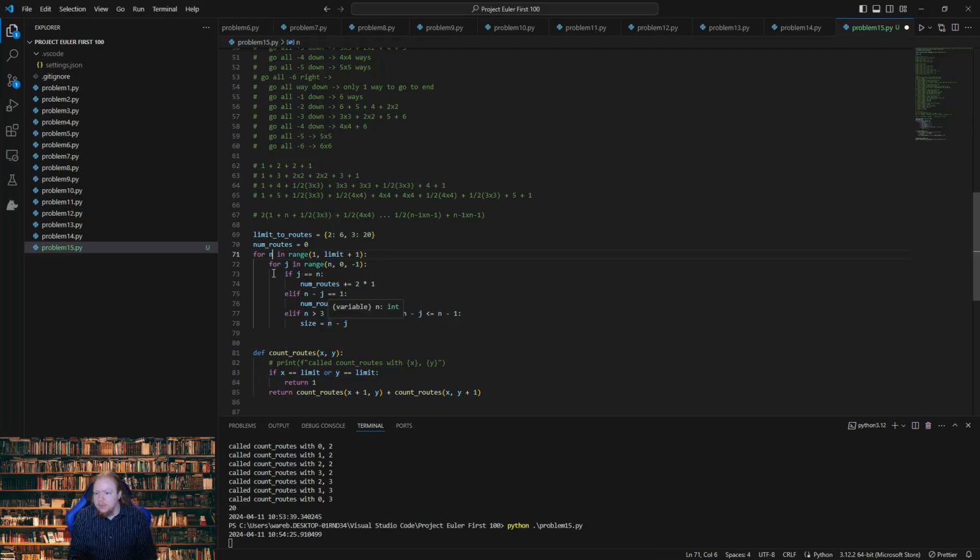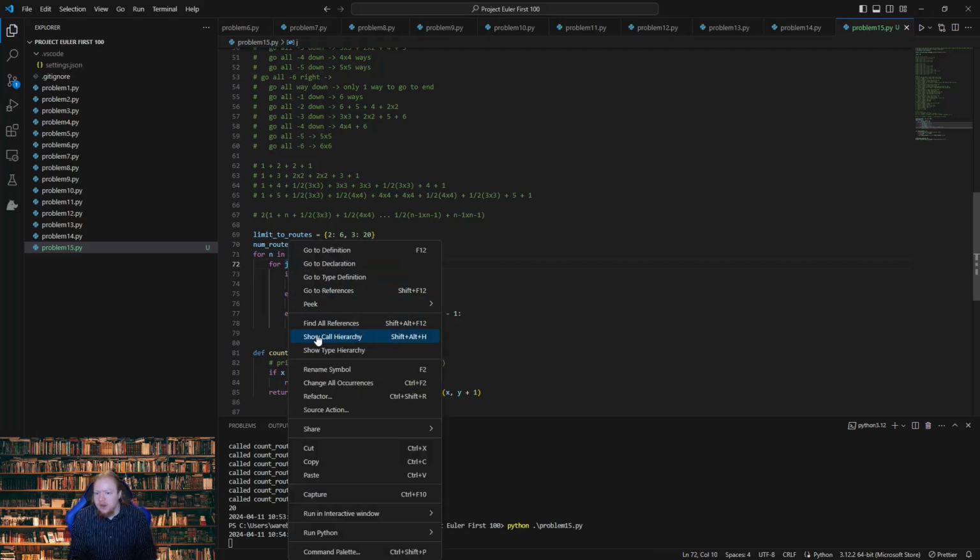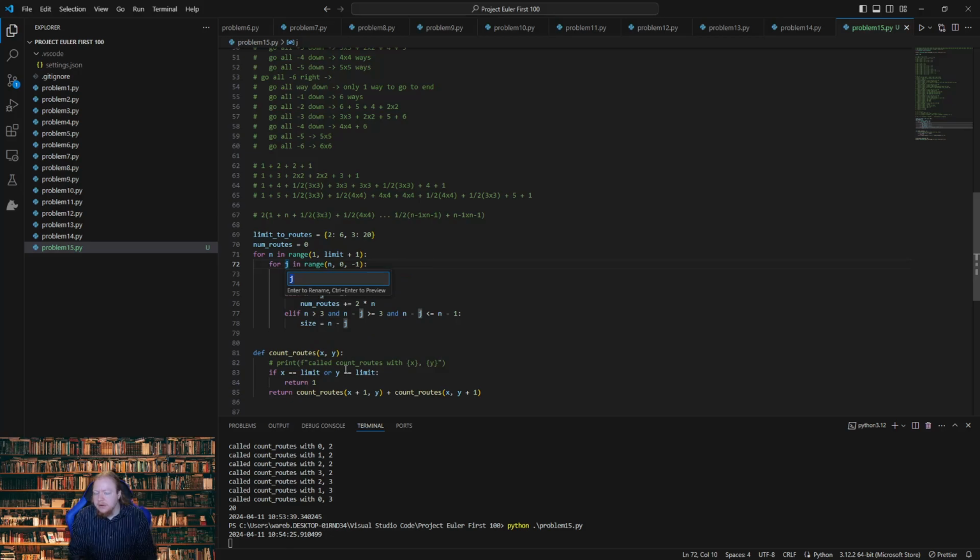Okay, let's rename this j to n. So now we're looking at n instead of i and j. We know our n is a substitute for our limit. It's the n in our formula. Okay.